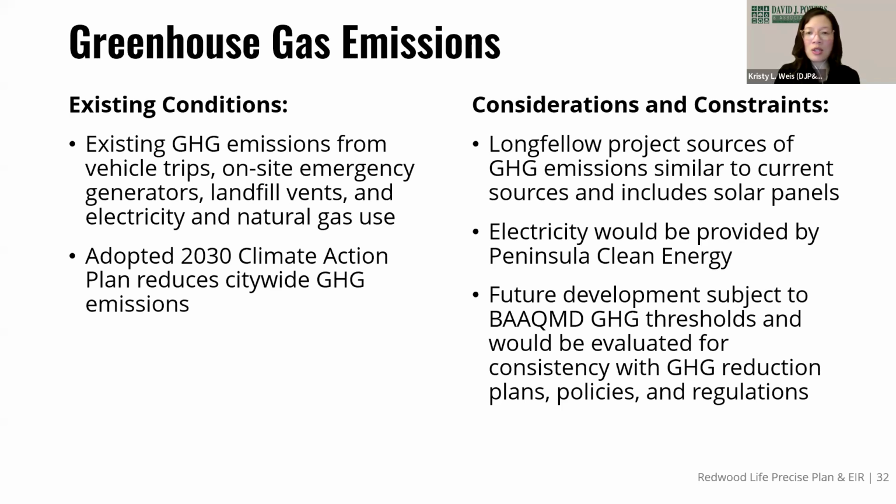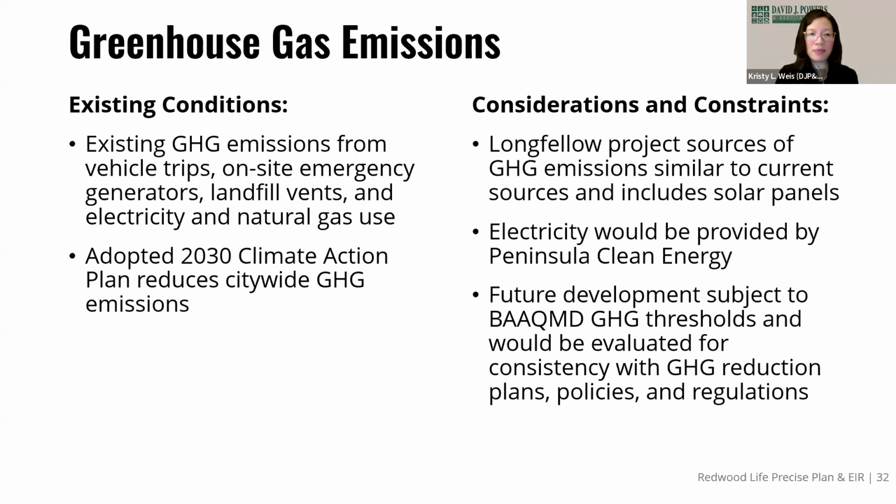In addition, it's anticipated the development of the project site would obtain power from Peninsula Clean Energy, which by default provides 75% carbon-free electricity and has an option for customers to receive 100% carbon-free electricity. Future development on site would be evaluated against greenhouse gas significance thresholds and for consistency with plans and policies adopted to reduce greenhouse gas emissions.